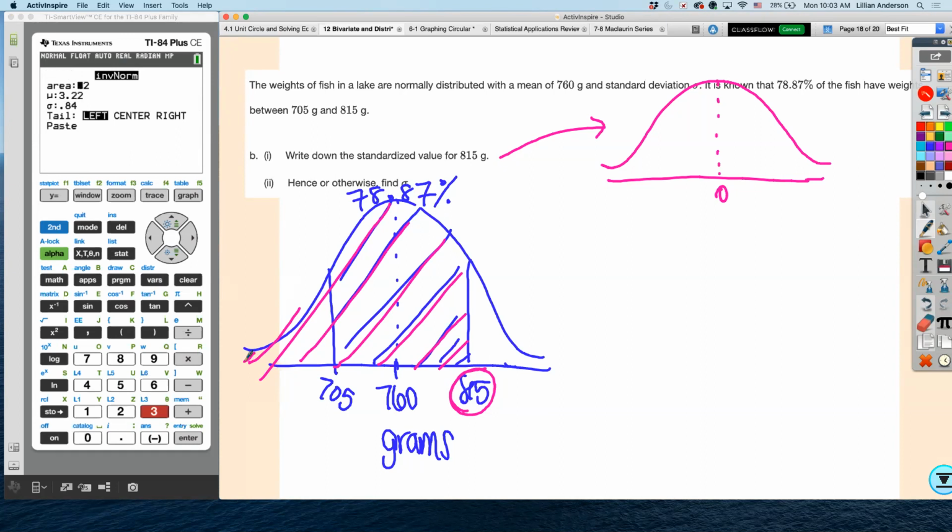Since this is equally away from the mean, just like 705 is equally away from the mean, what is the area underneath the curve that I've shaded in pink? What is that value?